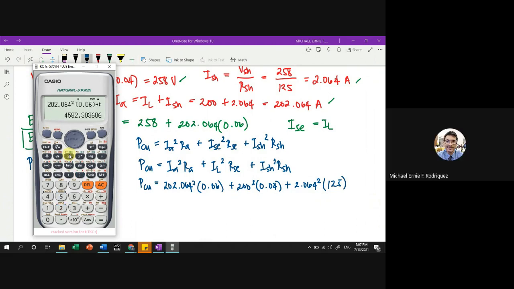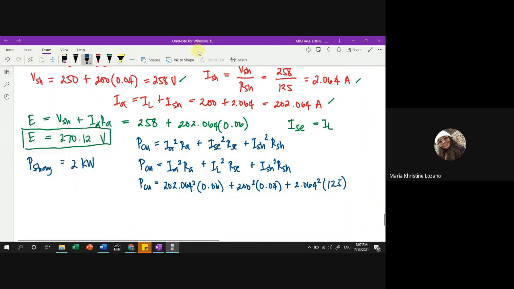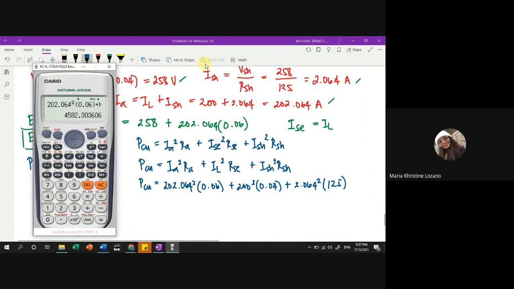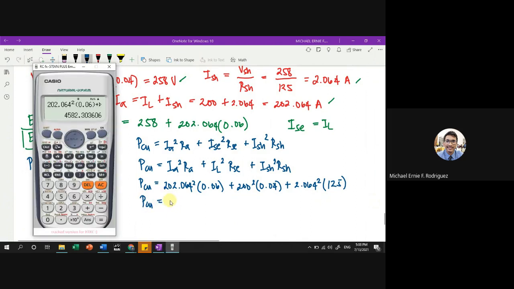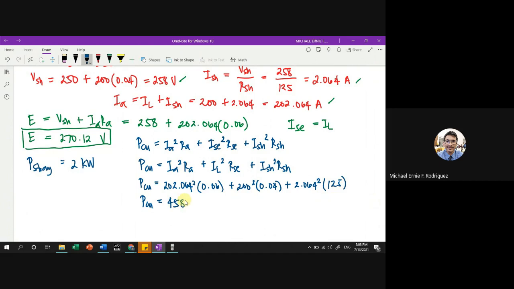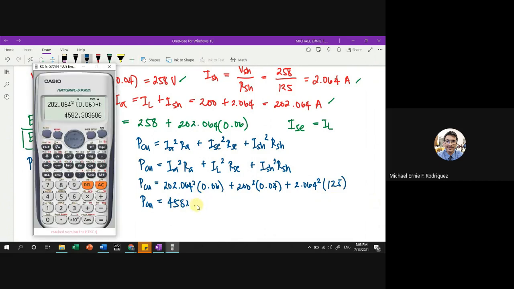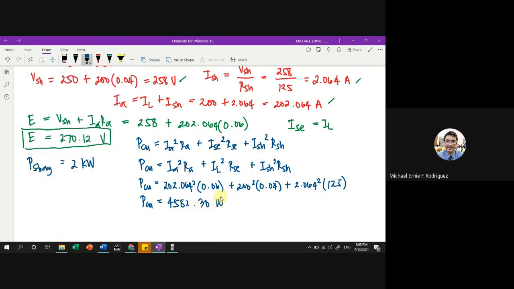So, yan ang sagot natin. So, that is 4582.30 watts. Or in kilowatts, that is 4.582 kilowatts. Okay? Ito yung PCU.